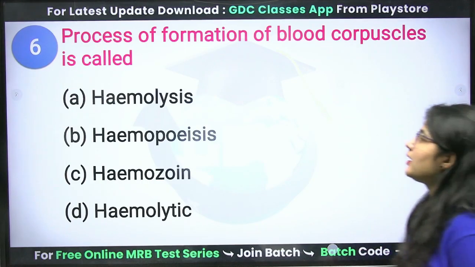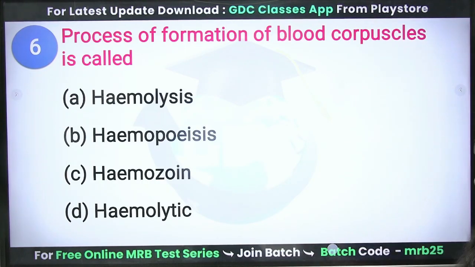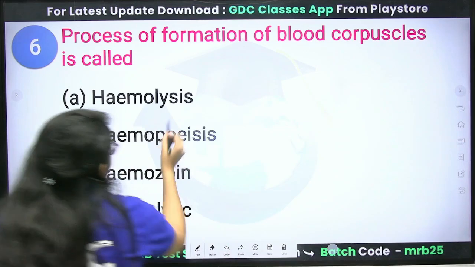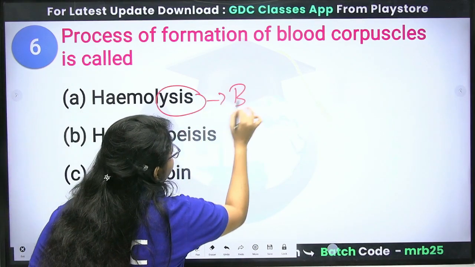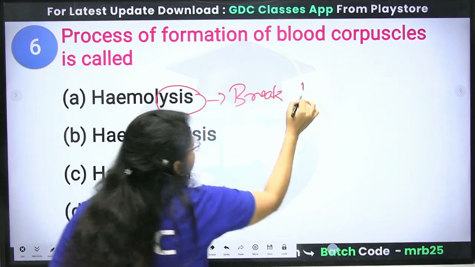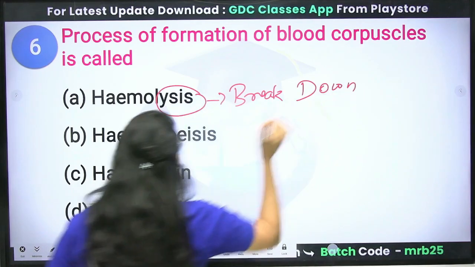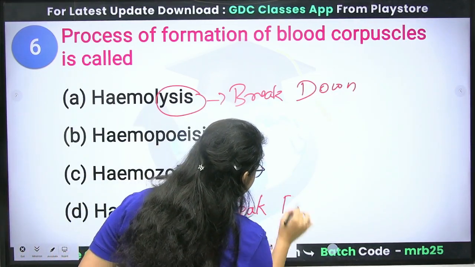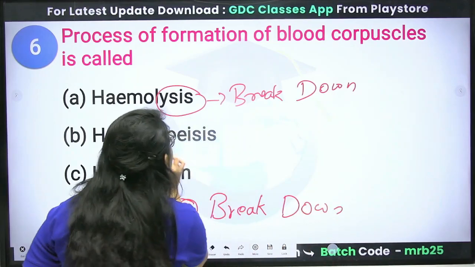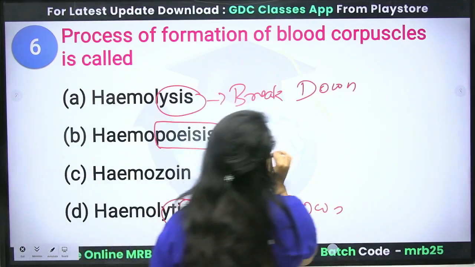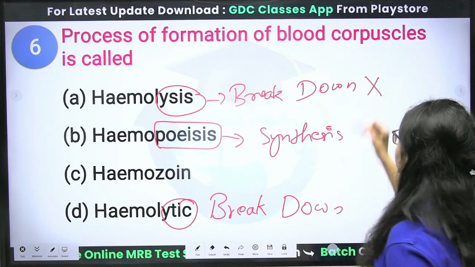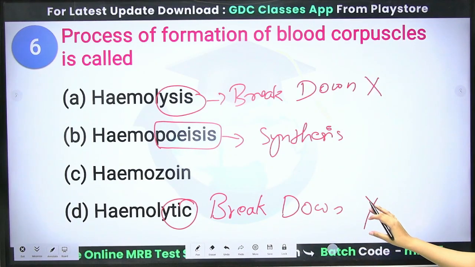Next question. Process of formation of blood corpuscle cells is called, first of all you need to understand, see, lysis means breakdown. Lytic means breakdown. Dyspoesis means synthesis. Clear? So clearly you can see these two are not the correct answers.